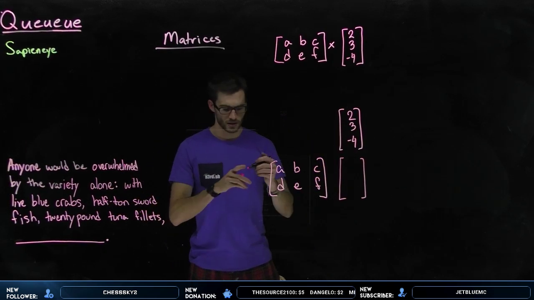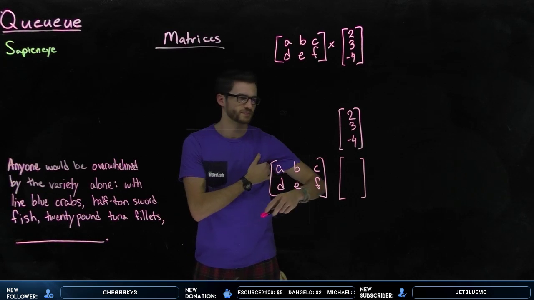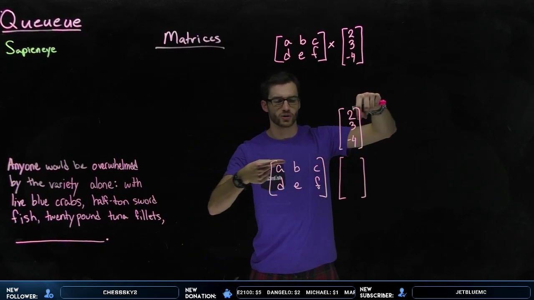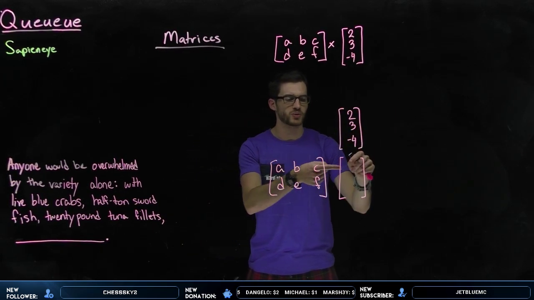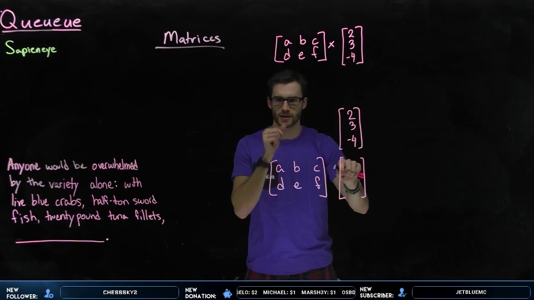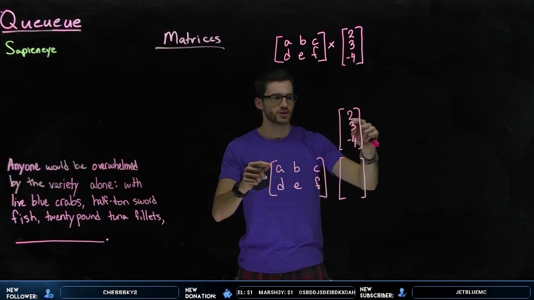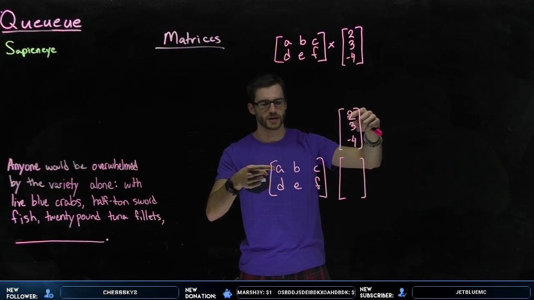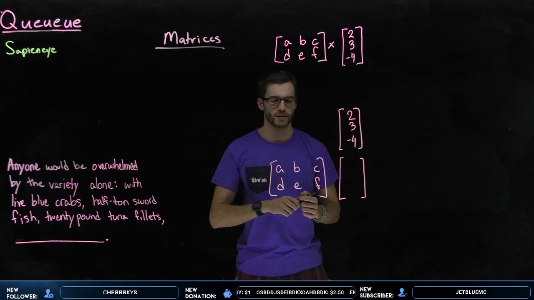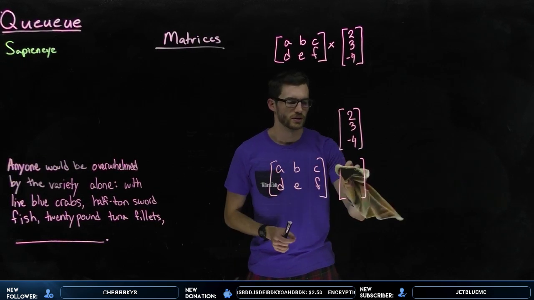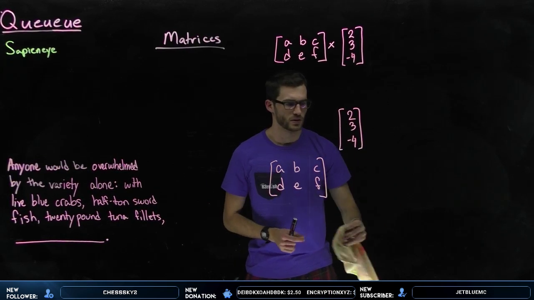Okay? So the resulting matrix here, we go across this row and down this column to get this row and column piece here. So first row, first column gives us first row, first column here. So we do 2 times A, 3 times B, negative 4 times C. Unfortunately, it's going to be kind of huge.